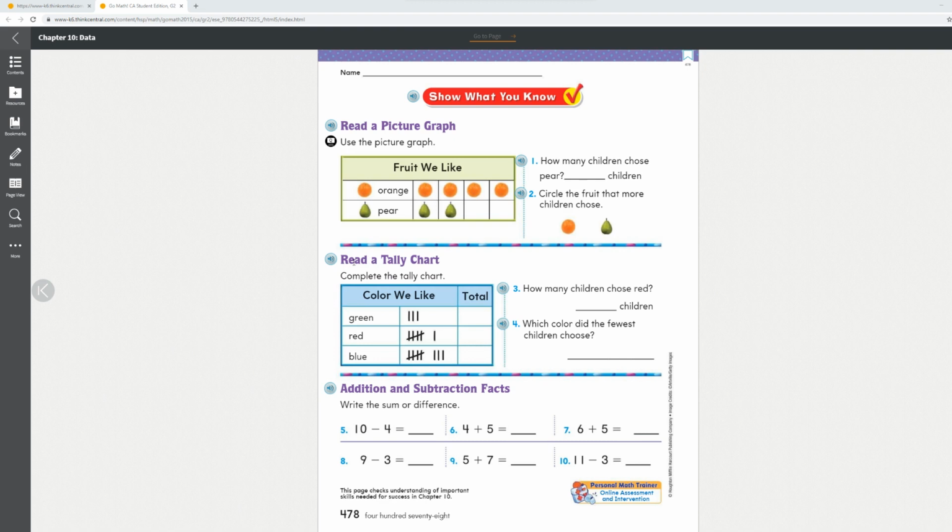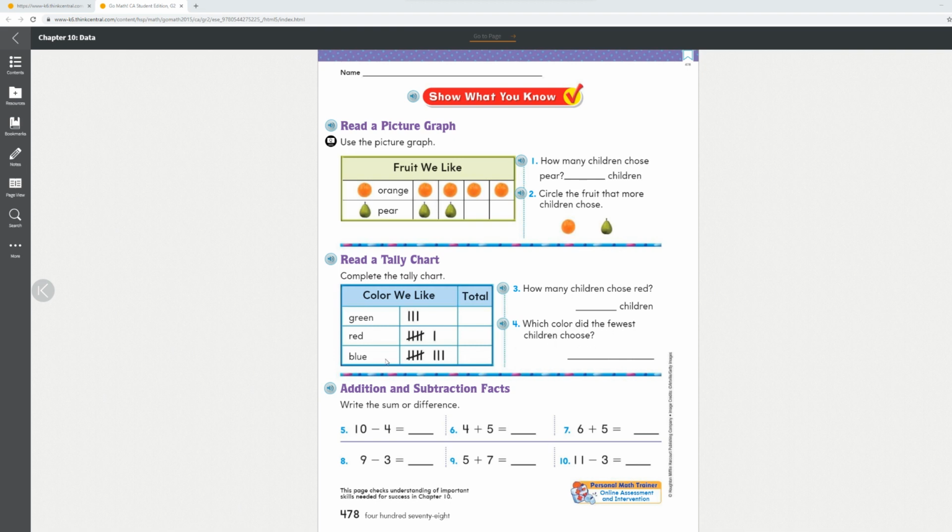Now for this question, read a tally chart. Complete the tally chart. For number 3, how many children chose red? You're going to write down the number of children that chose the color red. So you want to start numbers 3 and 4 by completing the chart first. You're going to want to count the tallies and write the total amount. For number 4, which color did the fewest children choose?